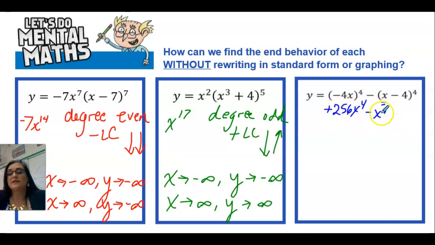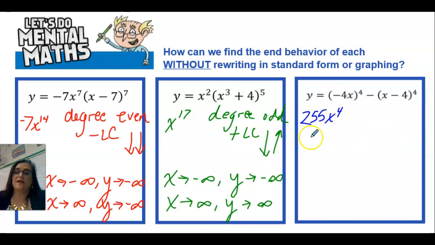And 256 minus 1 is 255. So now I know that my highest exponent term is 255 x to the 4th, right? There'll be a whole bunch of x cubes and x squareds and stuff that follow, but all I need is that first term to figure out the end behavior.